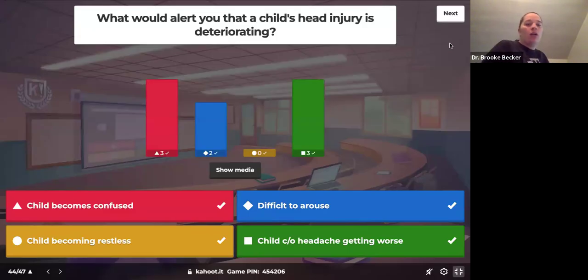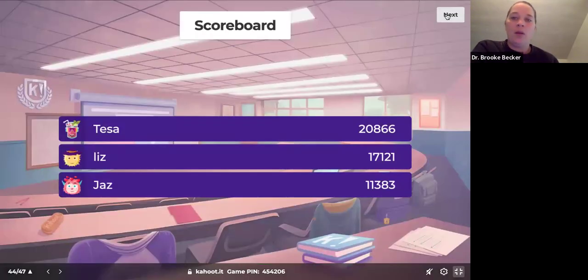So if kids start thrashing around on the bed, they're becoming more confused, they're harder to wake up. Those are all signs of changes in orientation, or levels of consciousness changes, okay? And then, of course, if their headache's getting worse, they already have a head injury, you're always concerned about that cranial pressure increasing. Okay, good.